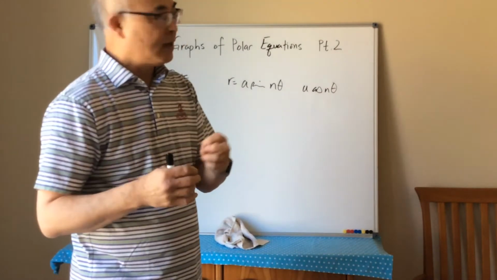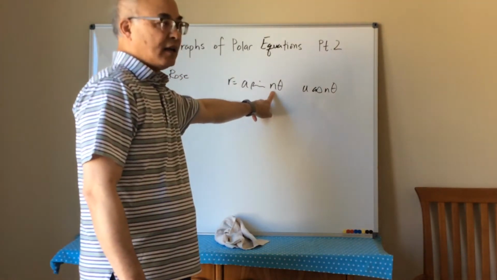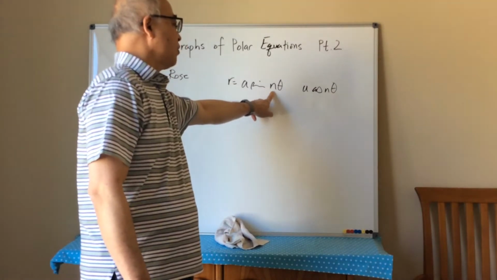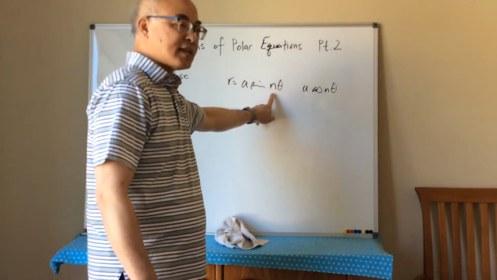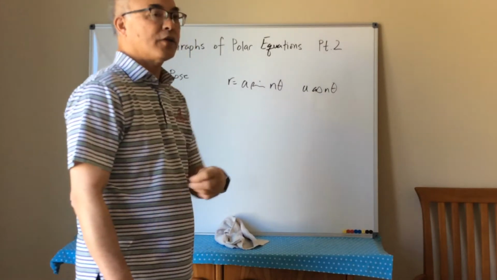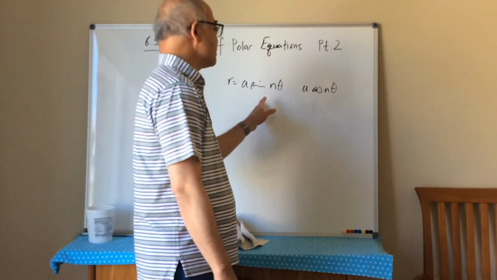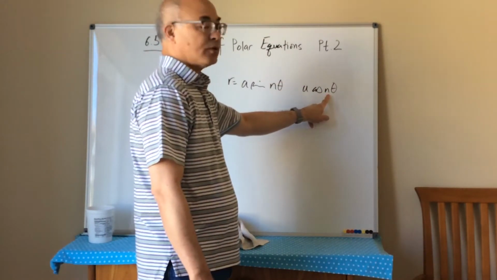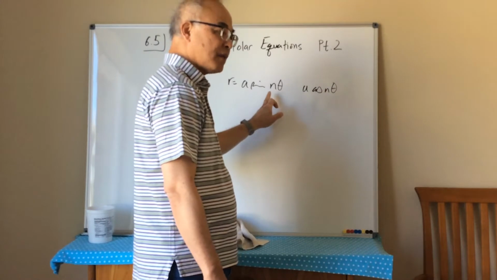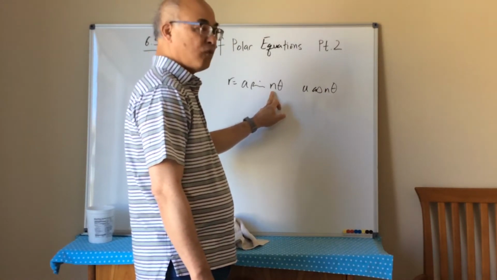In other words, if your n value is an odd number, like a 3 or a 5 or whatever, you'll get that same amount of rose petals. If you have 3 theta, you get 3 rose petals. If it's 7, you get 7 rose petals. Now when n is even, if it's 2 theta, you get 4.